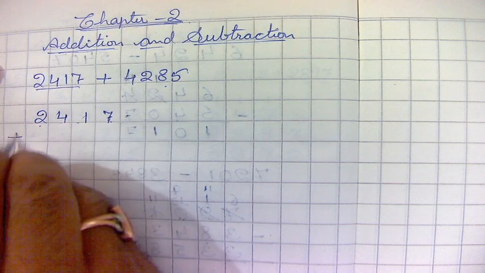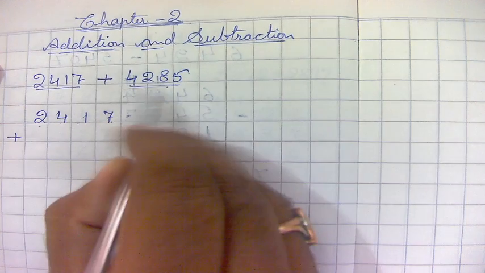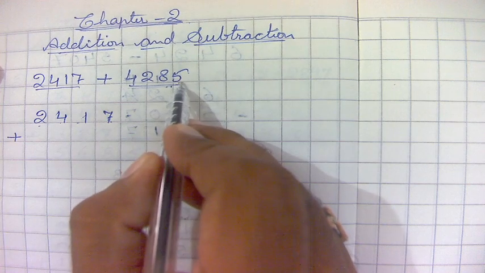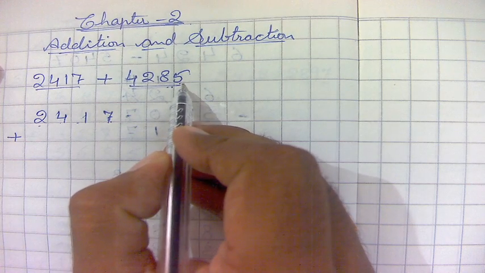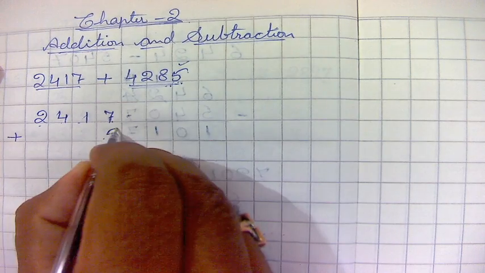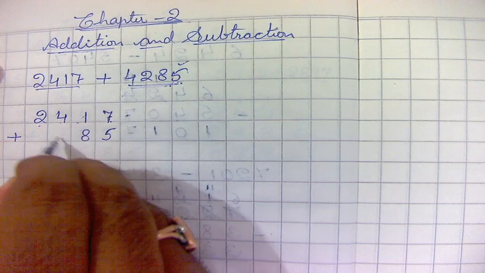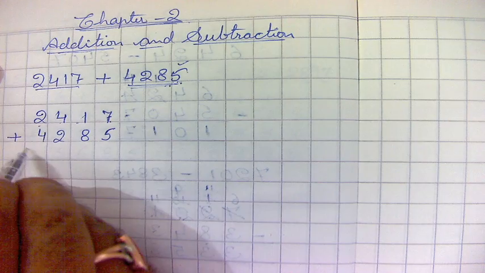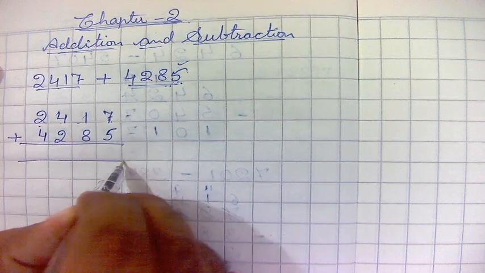Then below this you will write the second number. लेकिन second number कोशिश करना आप कहां से start करोगे, you will start writing from the right digit, right hand side जो ones place है. So first write down 5, then write down 8, then 2 and then 4, and now add it.